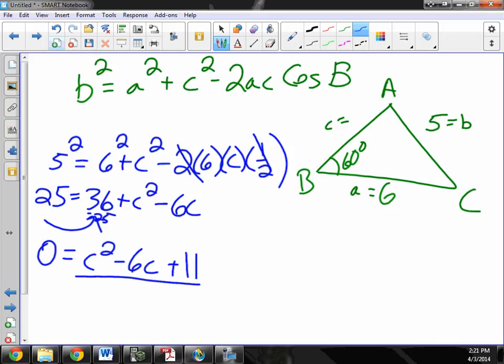How do I know, if I graph this, how would I know that this triangle does not exist? It doesn't have any roots. So if I graph the quadratic and it misses the x-axis, that tells you that the original triangle is impossible. Okay? How do I know that it has two solutions?